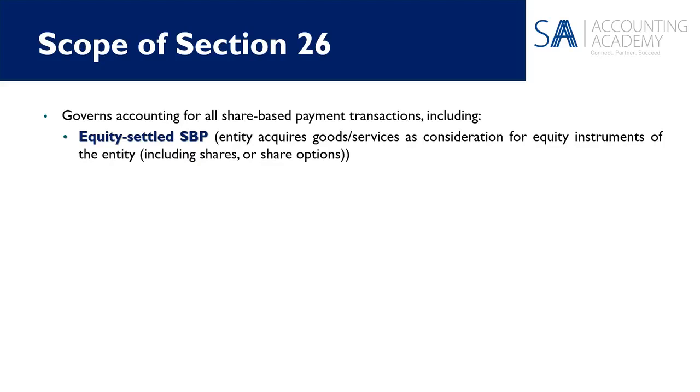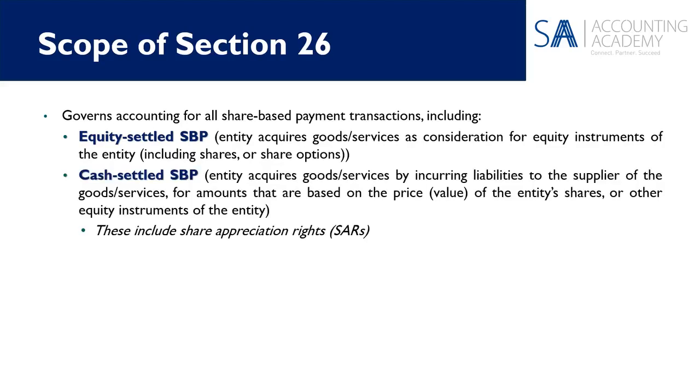So the point we're making here is that they are equity settled. In return, we'll be issuing an equity instrument of the entity. The second main group of share-based payment transactions is your cash settled share-based payments, where the entity also acquires goods or services by incurring liabilities.